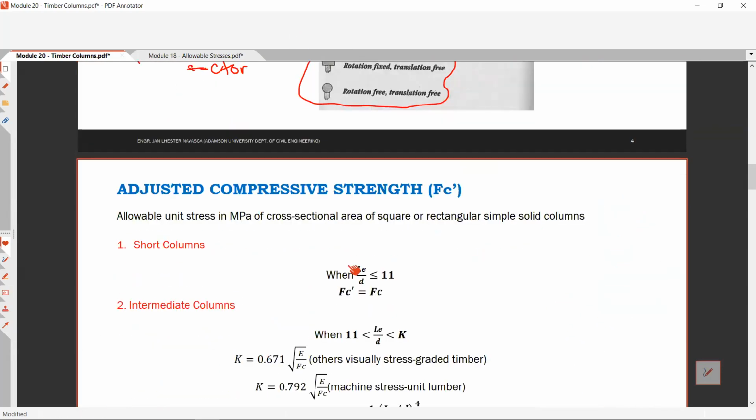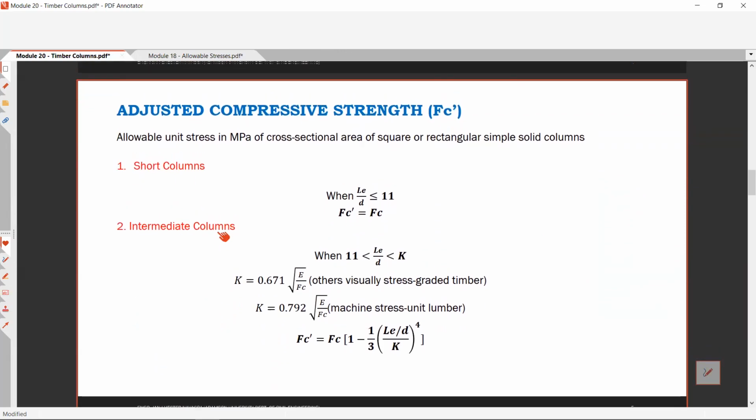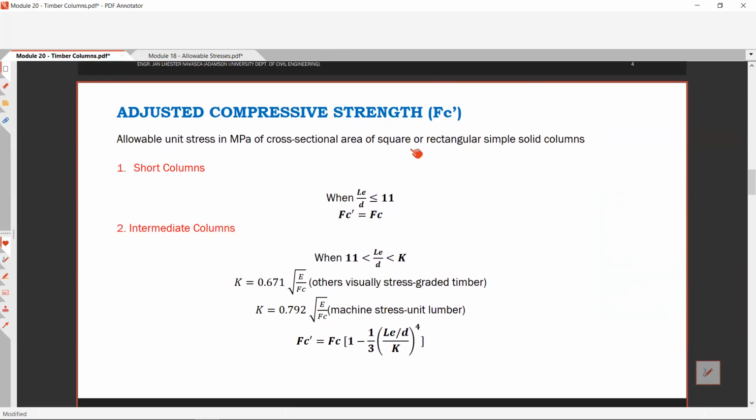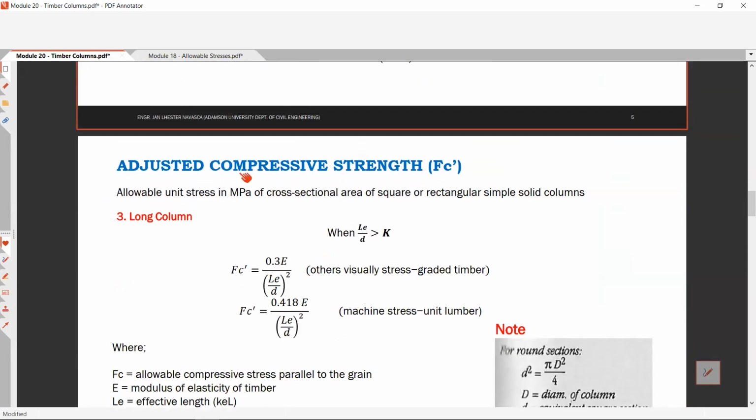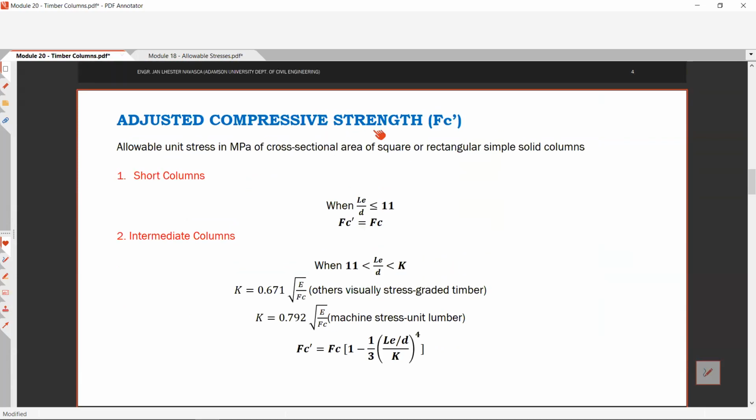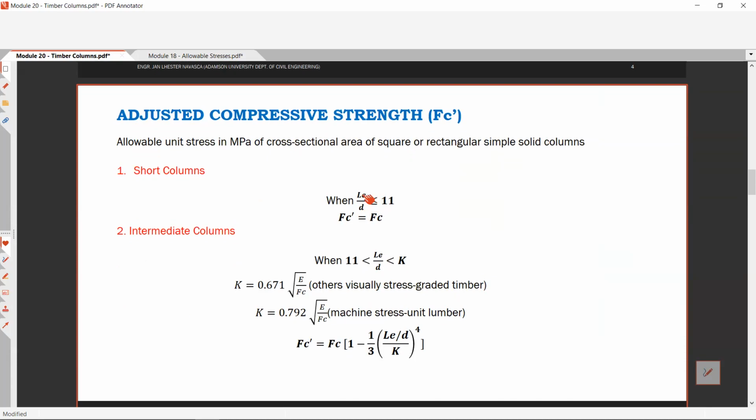So what are the adjusted compressive strength? Okay. So yung adjusted compressive strength or yung allowable unit stress in MPa of a cross-sectional area of a square or a rectangular simple solid columns is determined based on the column. If the column is short column, if the column is intermediate column, or if the column is a long column. So nakadepende yung adjusted compressive strength ng ating column based on the slenderness ratio.